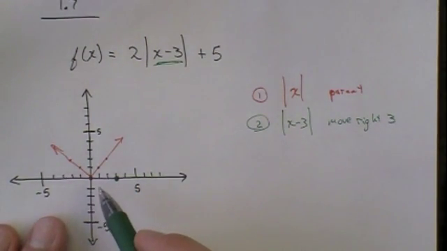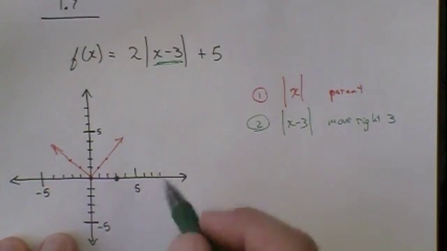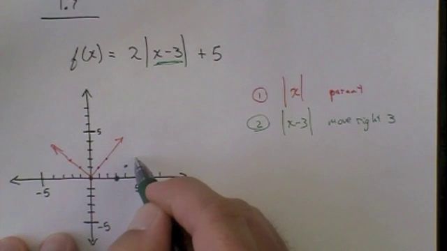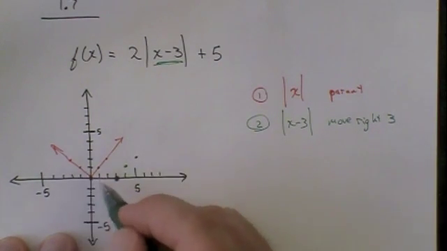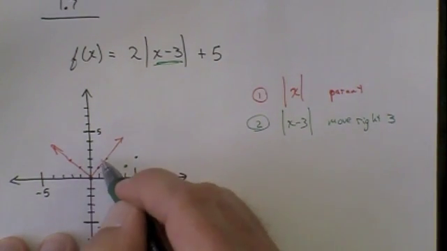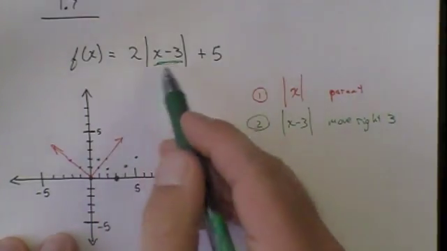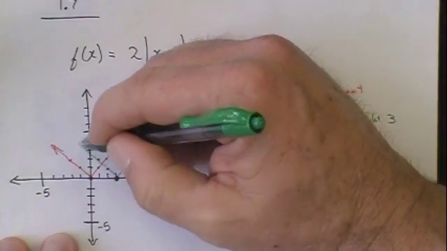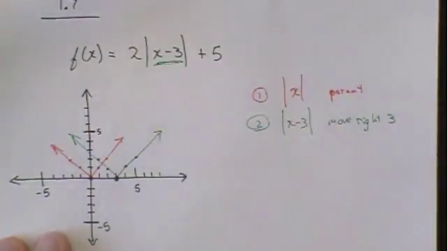It's going to do the same thing for every single one of these points, and the same thing on this side. So now if we look at just the absolute value of x minus 3, that second graph is going to look like this.